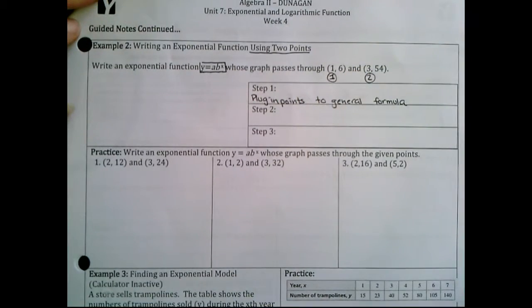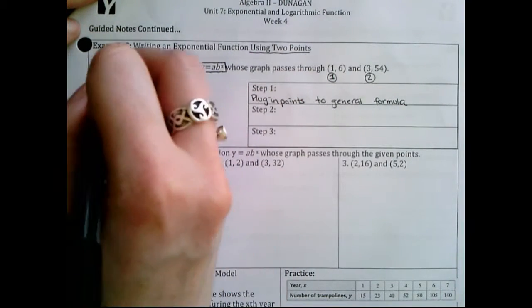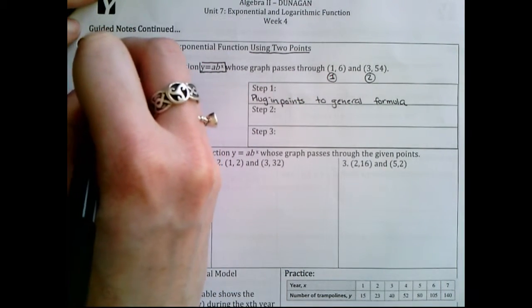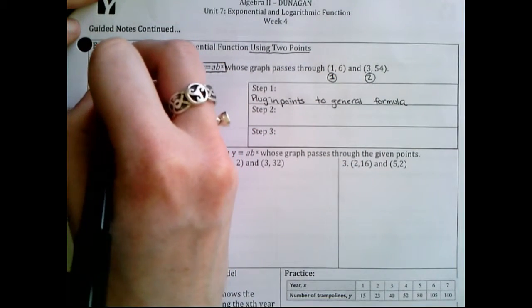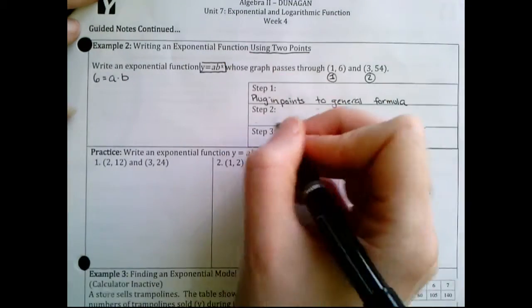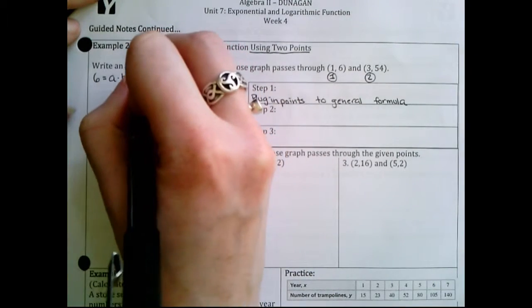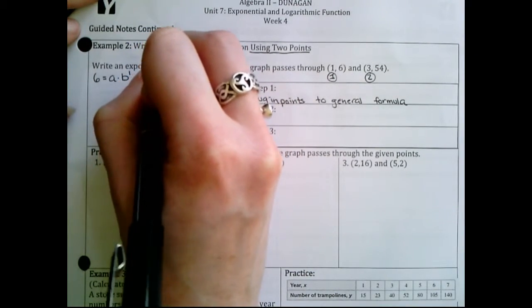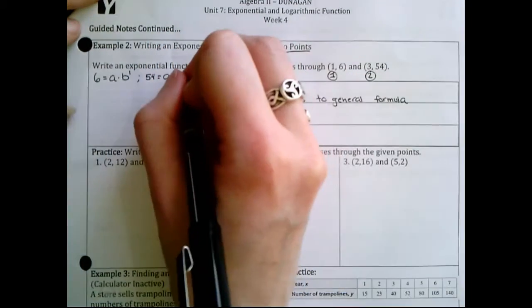Okay, so my first equation, I'm going to have my y value, so 6 is equal to a times b raised to the x. Well, my x value is a 1 here, so I'm going to fill that in. Now we'll have 2 equations, because I have 2 points. So I'm also going to have 54 is equal to a times b cubed.